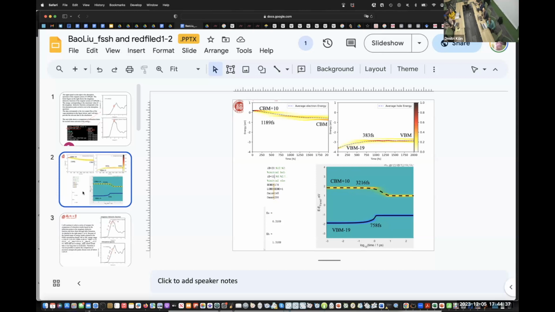Just looking here, they do dynamics only for 2 picoseconds, and they do it in a linear scale just by the nature of the surface hopping method. Redfield does it by several orders of magnitude, so it is in favor of Redfield.